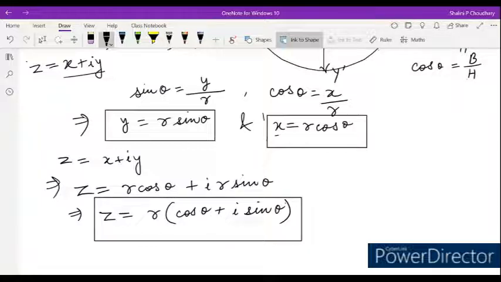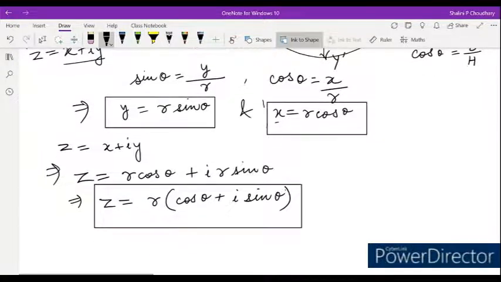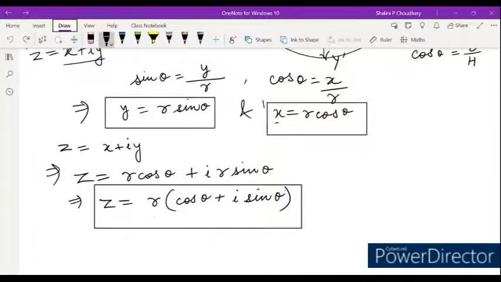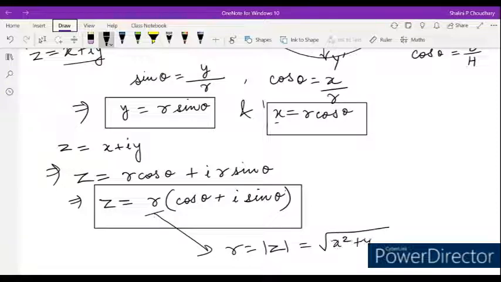And r is equal to modulus of z, which is the square root of x square plus y square. So if r and theta are given, you can find the value of z. A complex number can be written in polar form.